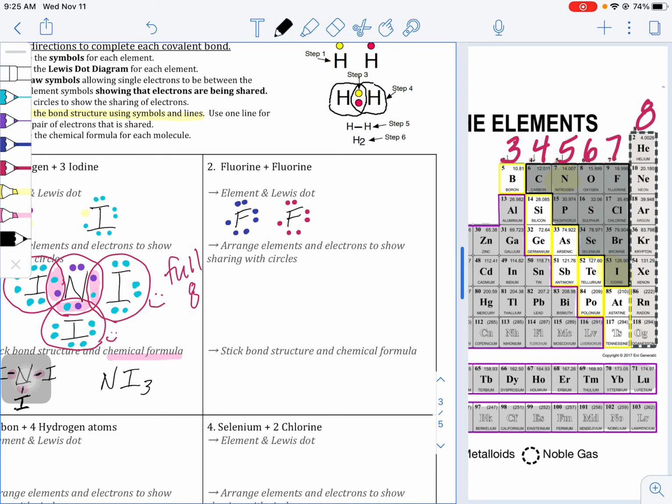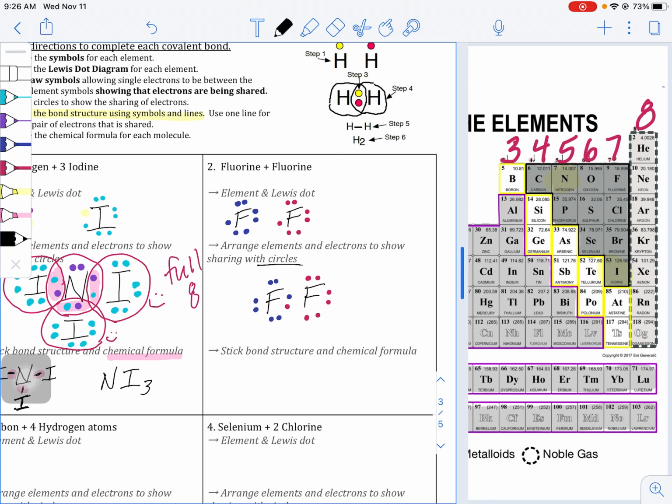So again, I want to arrange them here to show sharing. So here's my first fluorine. Yeah, it's got its 7, but I want to puzzle piece them together. So I'm just rearranging that first one so I can make the second one fit right next to it. 1, 2, 3, 4, shared pair, 5, 6, 7.